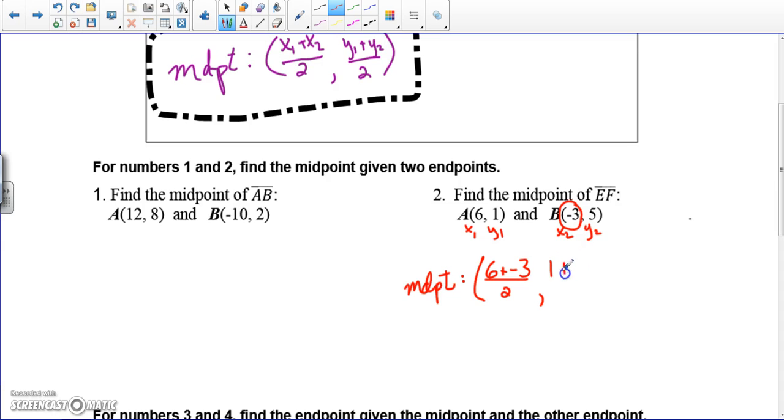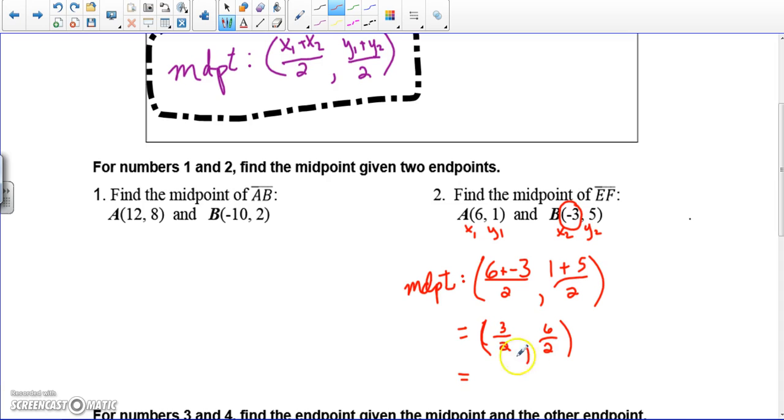y1 plus y2 over 2. And we simplify. 6 plus a negative 3, so that's just 6 minus 3, which is just 3 over 2, comma, 1 plus 5 is 6 over 2.